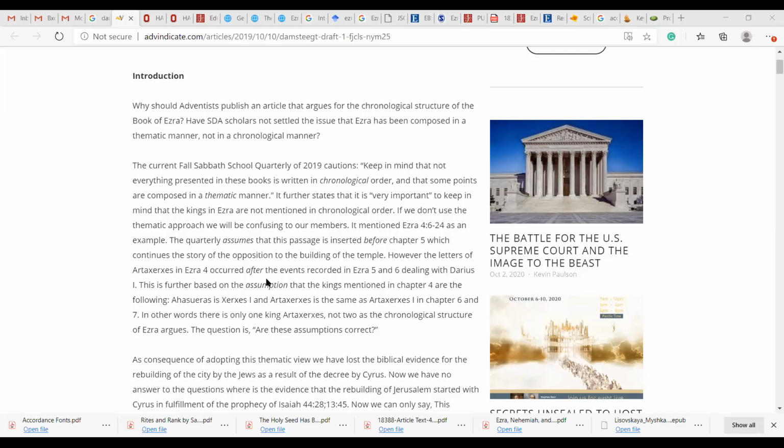Let it now be known to the king that if that city is rebuilt and its walls are finished, they will not pay tribute, duty, or land tax, and the royal revenue will suffer." So they report a big progress of those people who came back to build the temple and the city.